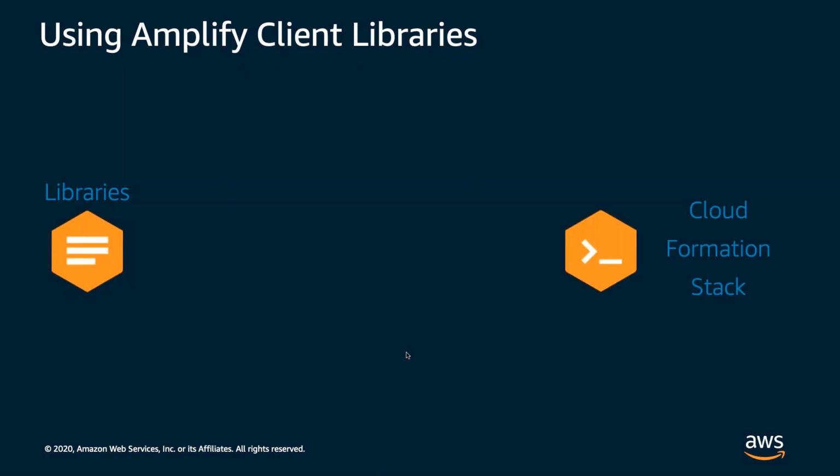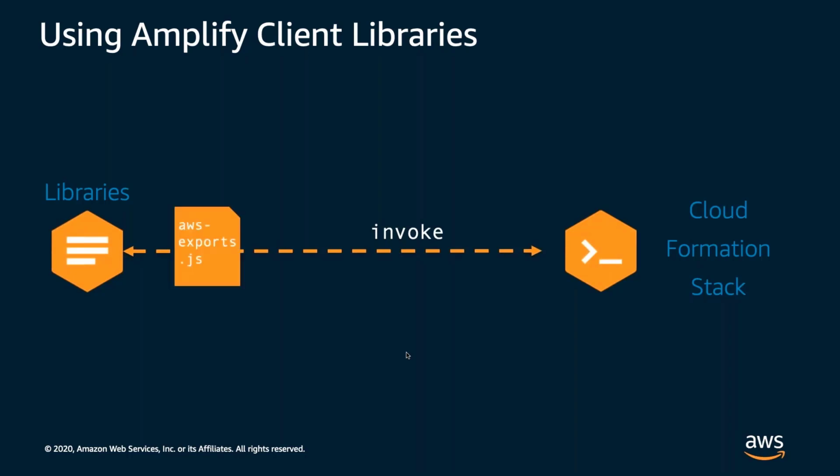Of course, we want these libraries to talk to our stack on the back end. And I'm saying it's a CloudFormation stack because that's the way we recommend deploying resources to the cloud, just because they're easier to manage. And in order for these libraries to talk to the back end, there's a configuration file.